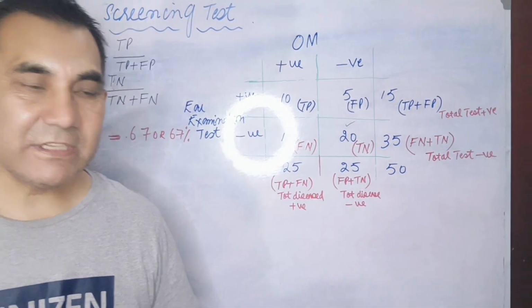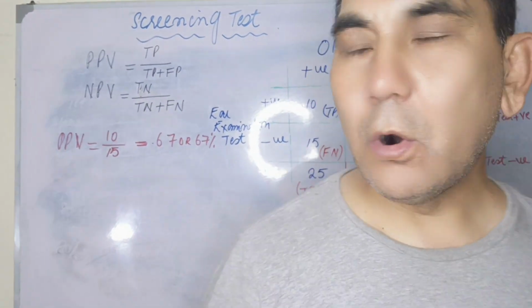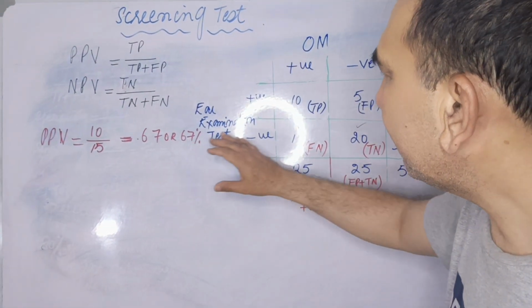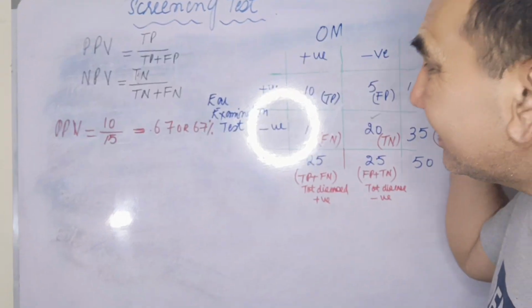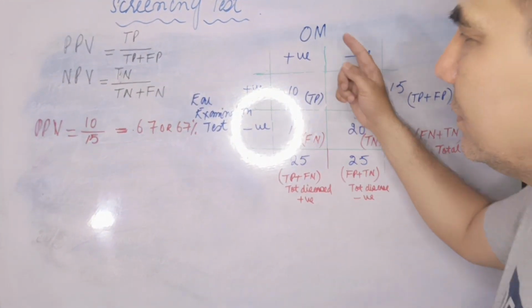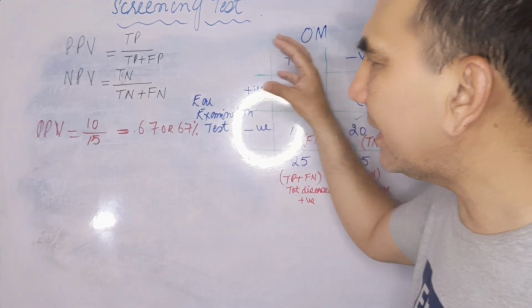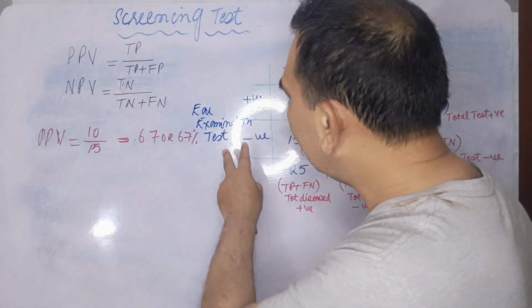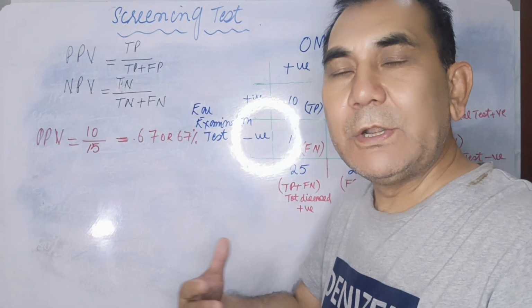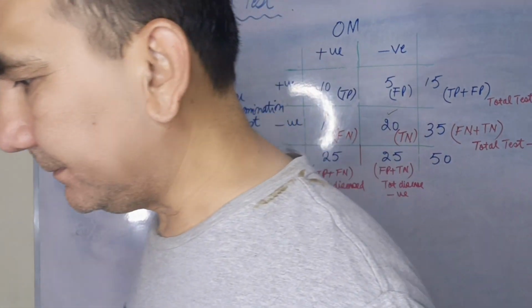Now 67% among the total test positive, on the physical examination, you can say these are the chance who will develop the otitis media.